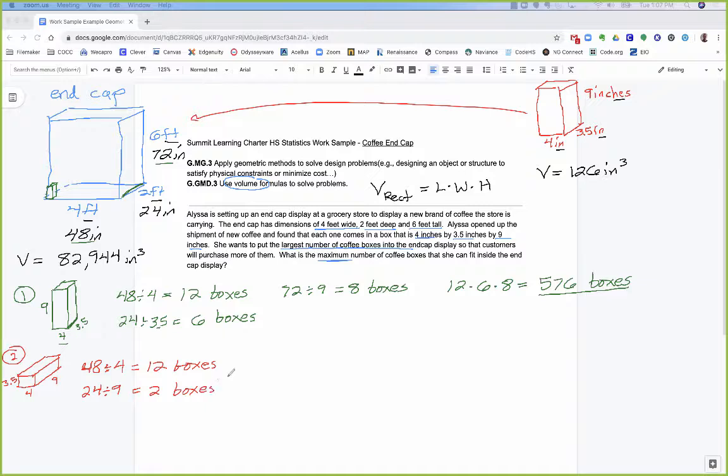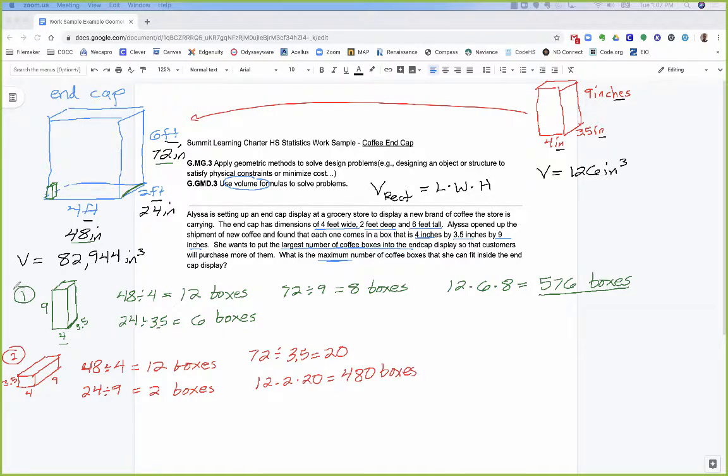So I can fit 2 boxes deep, and then 72 inches divided by, this time I'm using my small height to go up, so 72 divided by 3.5 means I can fit 20 boxes tall if I can do this configuration. So let's check it. What is 12 times 2 times 20 equals 480 total boxes.